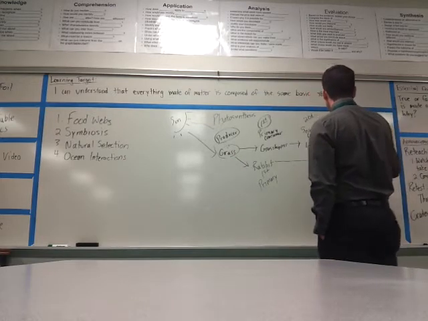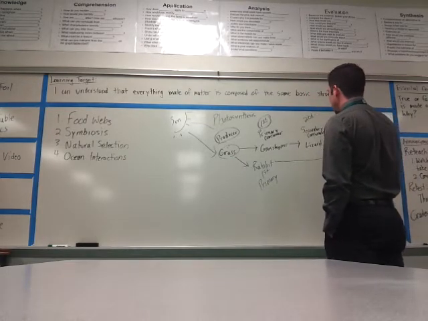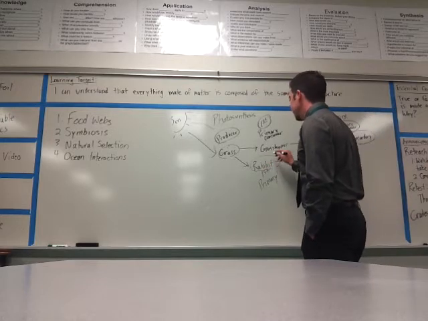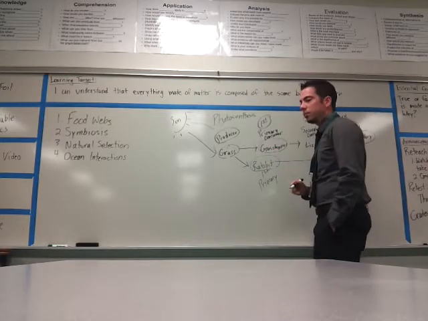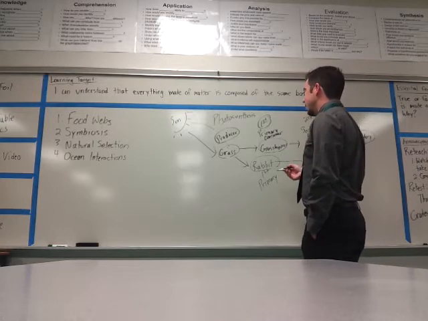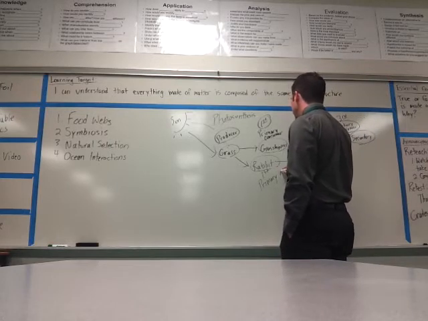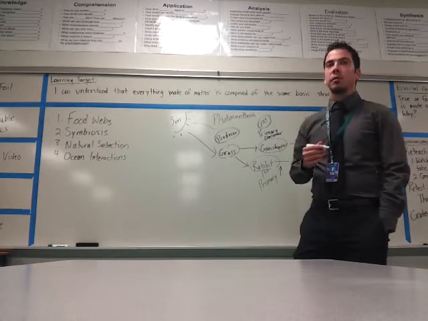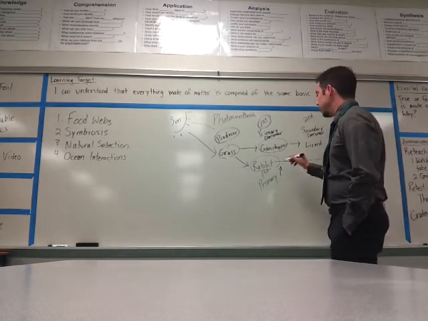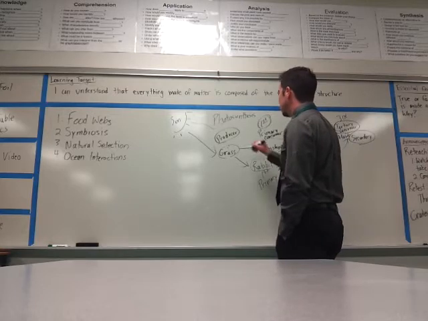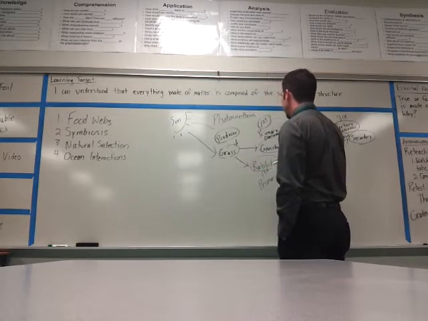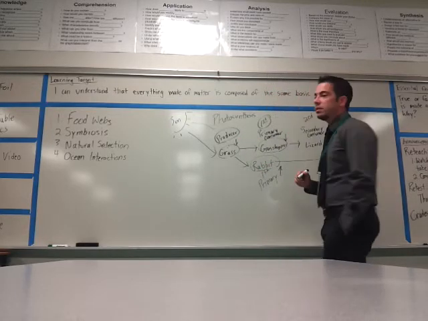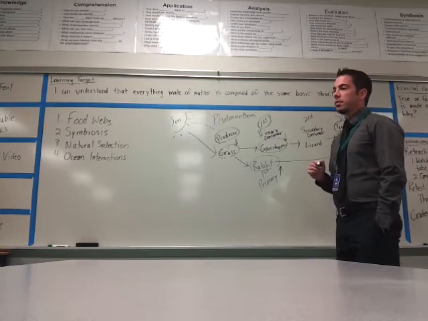In this case, we have competition because the rabbit is eating the same thing as the grasshopper. So based on that competition, if there is an increase in the number of rabbits, what will happen to the number of grasshoppers? If we increase the number of rabbits, we decrease the amount of grass available, and therefore we decrease the amount of grasshoppers available.